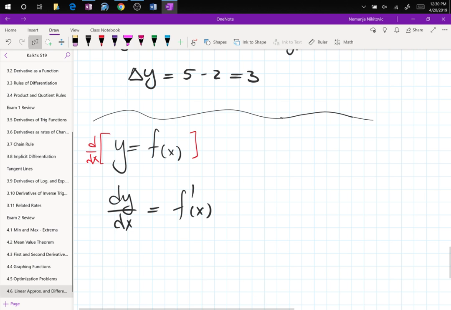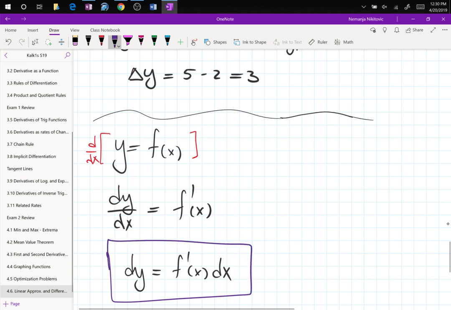And then on the bottom, you have two different notations from calculus. One is Leibniz, one is modified Newton. All I need to do now to create the differential is to move dx to the other side. So dy equals f prime of x dx is the formula for the differential.